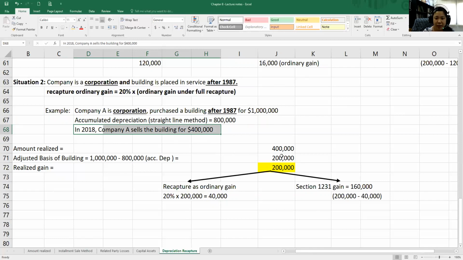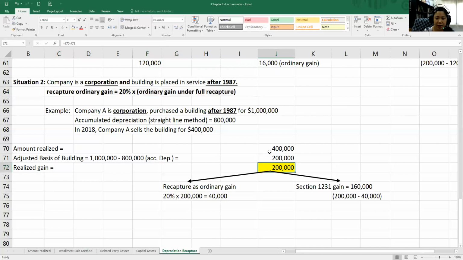So the same thing: we have amount realized minus adjusted basis, and that gives us a realized gain of 200,000. Now, how about this 200,000? According to the law, we have to recapture as ordinary gain 20% of the ordinary gain under full recapture.